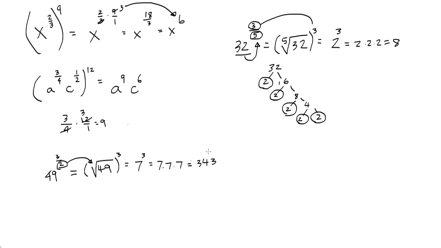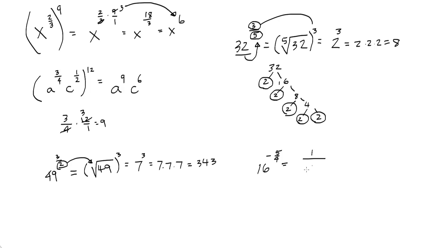And then remember your negatives. If you have a negative exponent, be sure you make it a reciprocal, put it under 1. So what if I had, let's do 16 to the negative, I don't know, 5/4 power? That'll work.